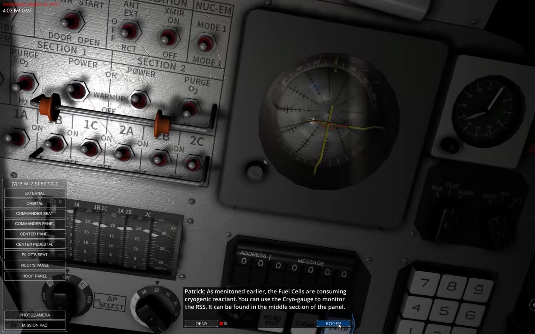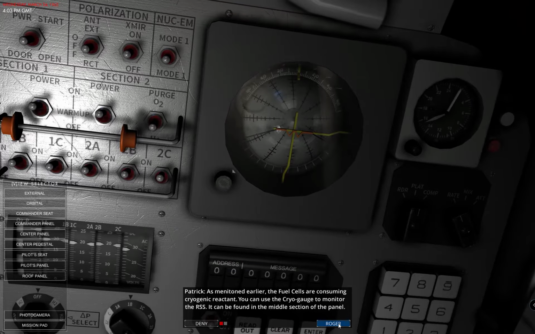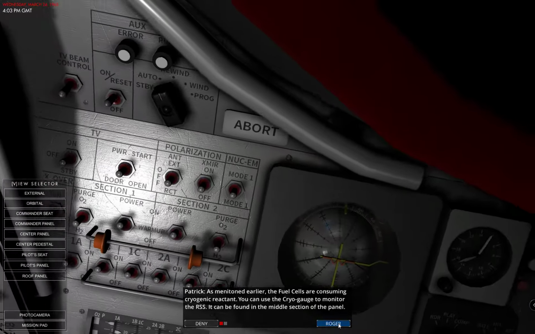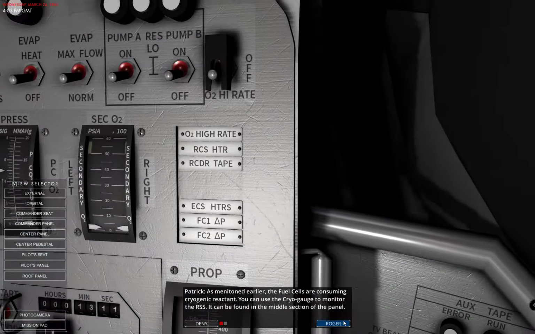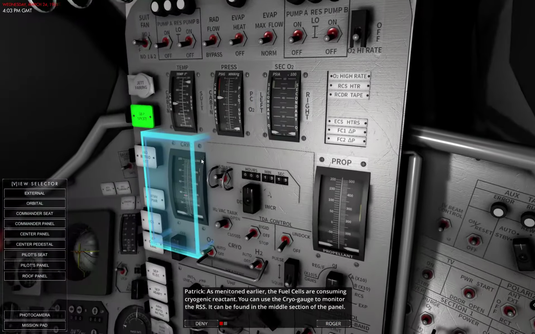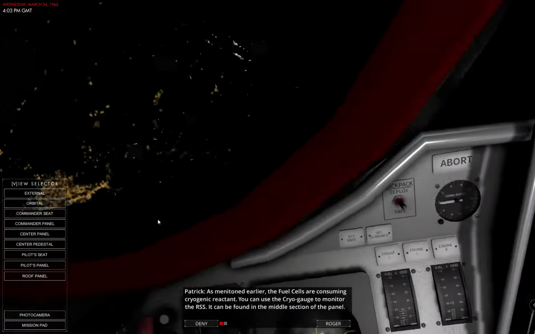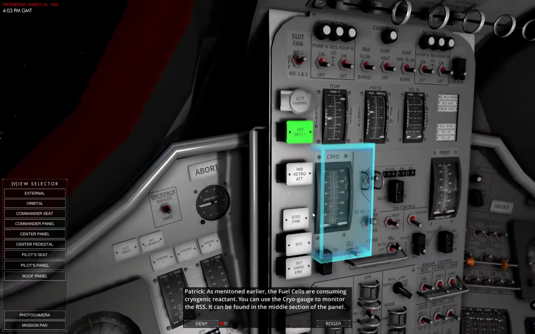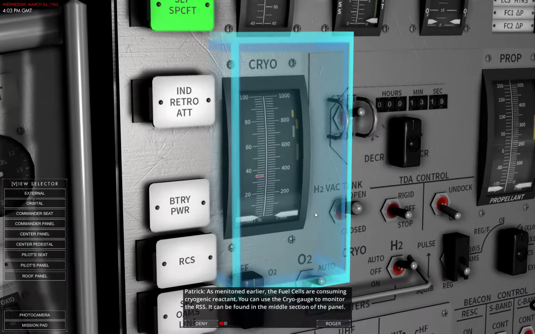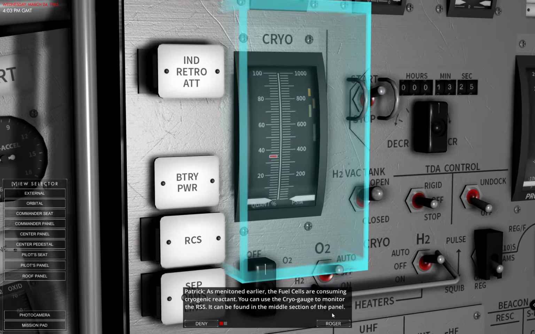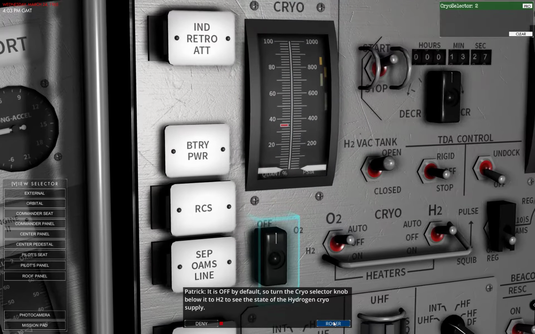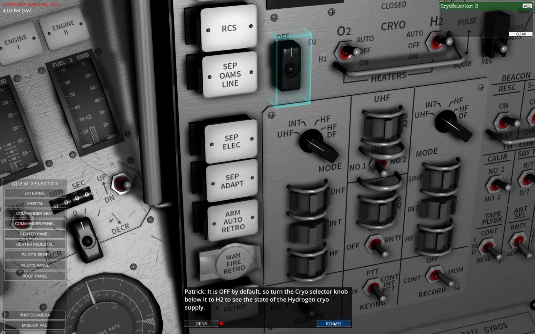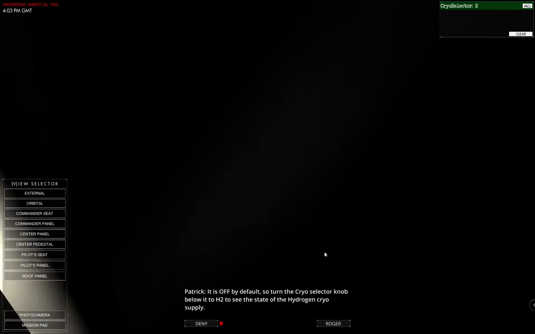As mentioned earlier, the fuel cells are consuming cryogenic reactant. You can use the cryo gauge to monitor the RSS. It can be found in the middle section of the panel. Let's see. Switch to commander seat. It is off by default, so turn the cryo selection knob below it to A2 to see the status of the hydrogen cryo supply.